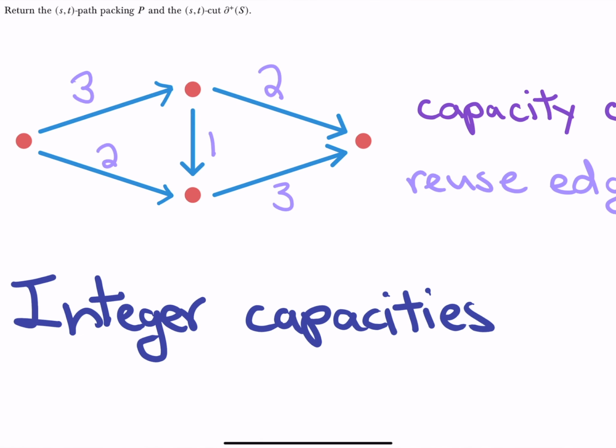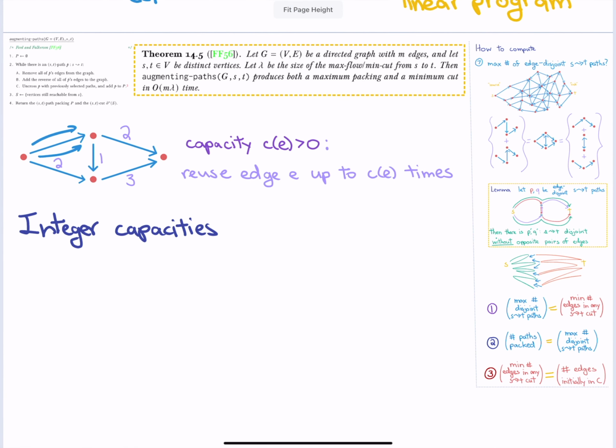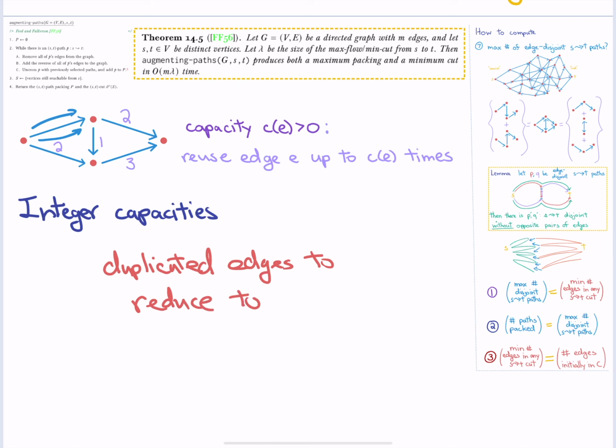I can take this 3 and replace it with 3 edges. The 2 was 2 edges, the 3 was 3, and the 2 was 2. Nothing complicated. So for integer capacities, we can duplicate edges to reduce to the edge disjoint case.